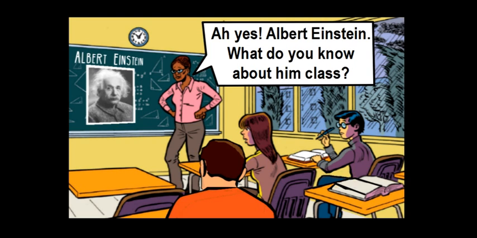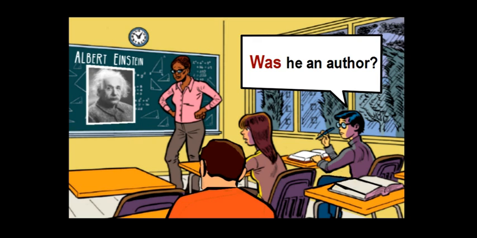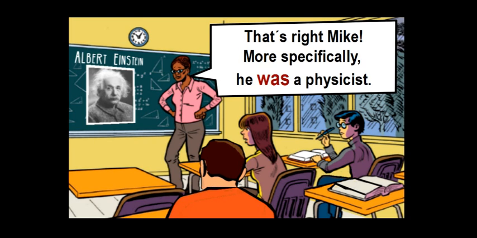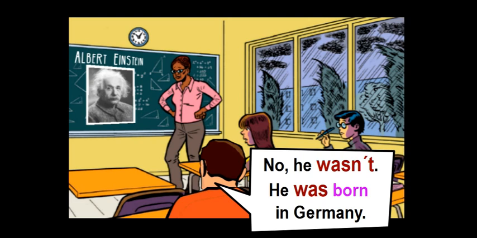Yes, Albert Einstein. What do you know about him, class? Was he an author? No, he wasn't. He was a scientist. That's right, Mike. More specifically, he was a physicist. Was he born in the USA?